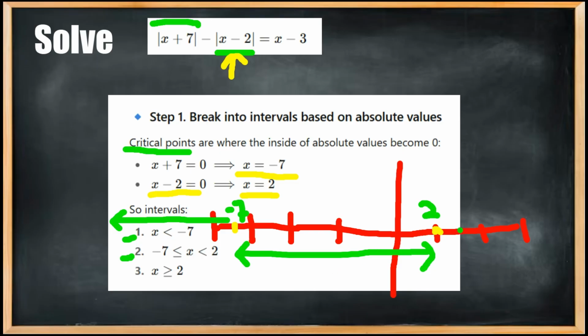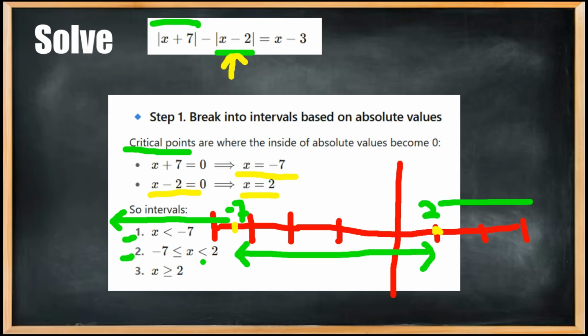And the third interval is x is greater than or equal to 2. So these are the three intervals we have found: x less than minus 7, x between minus 7 and 2, and x greater than or equal to 2. Two critical points, and thereby three intervals we identified.